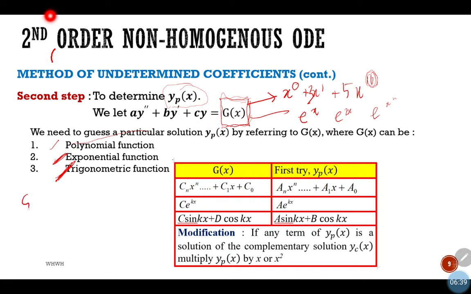Okay, dia punya YP. Katakanlah kita punya GX sama dengan 3X. Then you need to get your YP. Have a look at the power of X. So for this case, the power of X is power of 1, right?